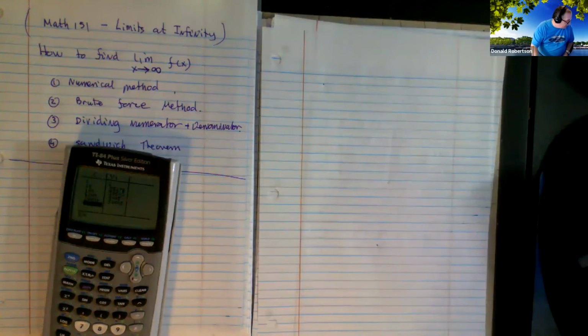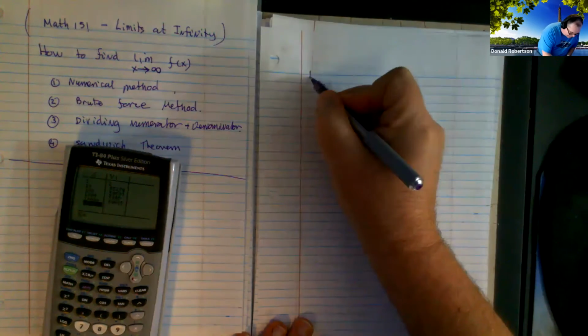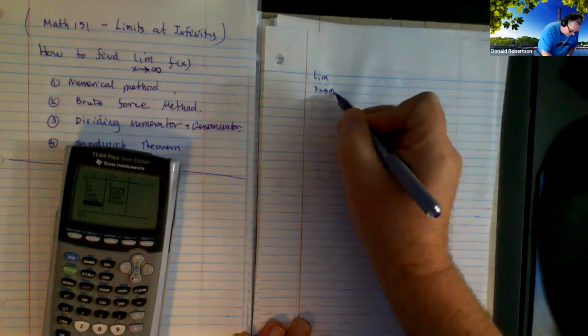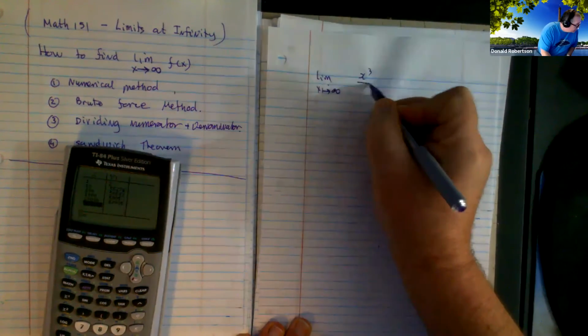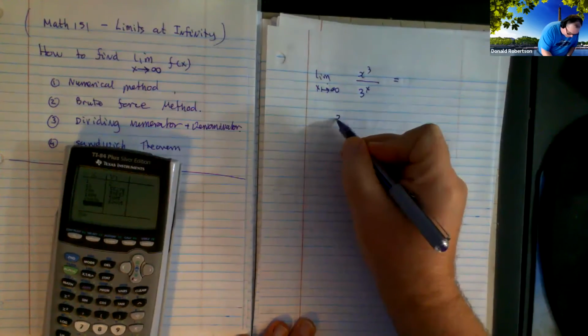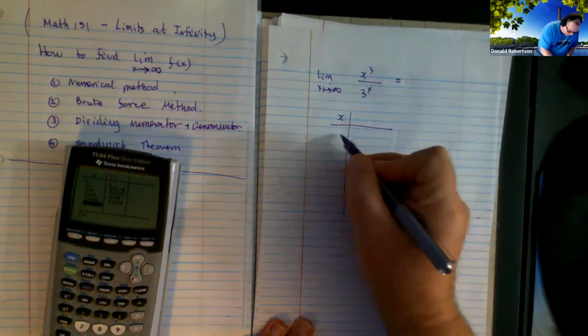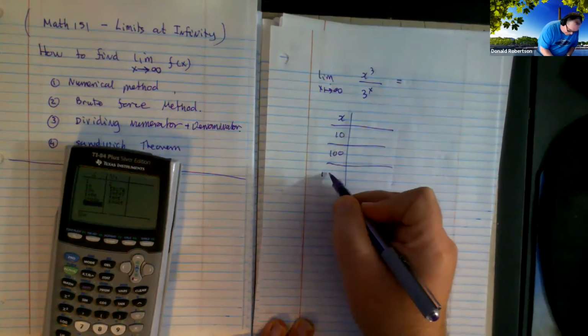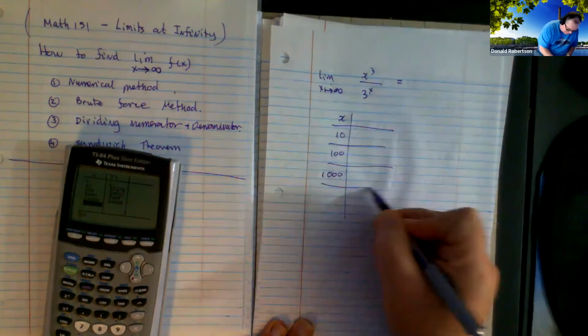So let me pick one, and it's this one. The limit as x tends to infinity of x cubed over 3 to the power of x. I'm going to do 10, 100, 1,000, maybe 10,000.